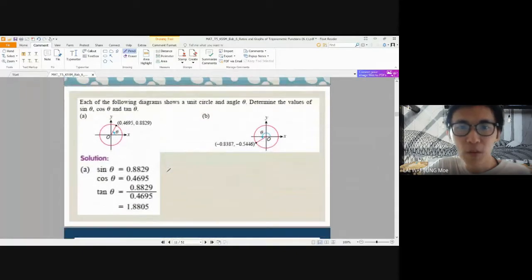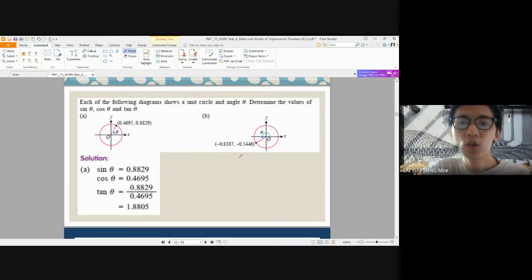For example, this question gives you the coordinate, negative 0.8 and negative 0.5. Find the sin, cos, and tangent for this angle theta.